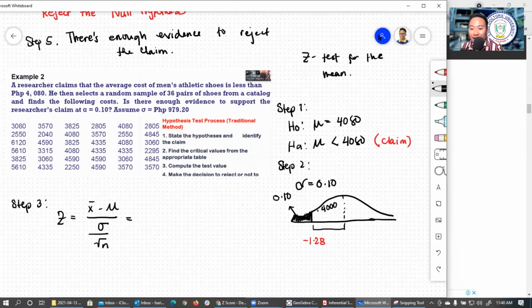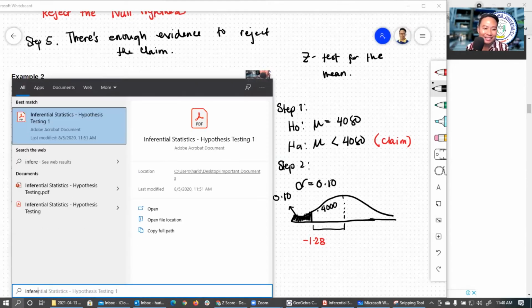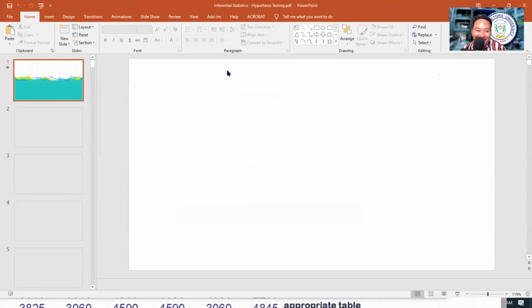What's the sample mean here? Very good, we have to compute it.